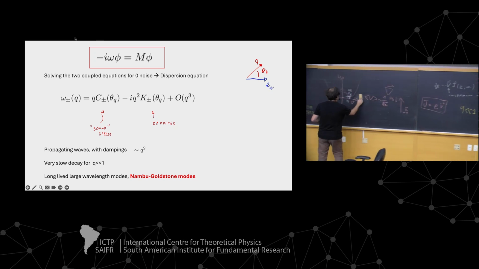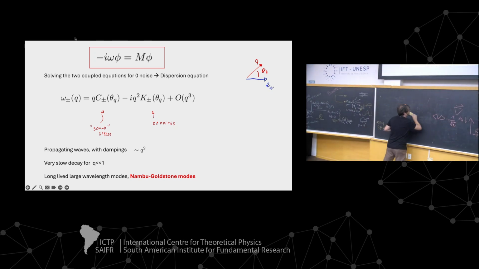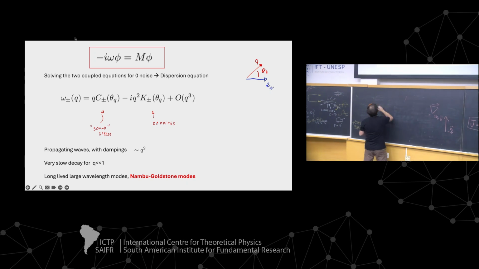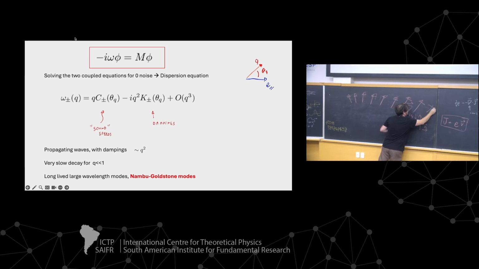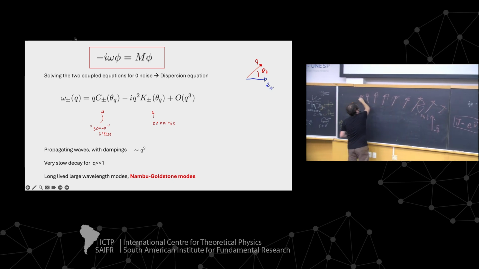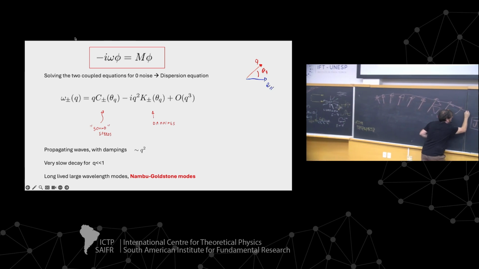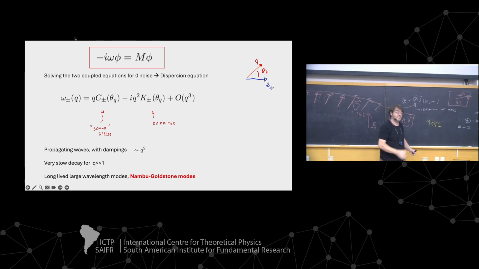These are what in equilibrium physics are known as spin waves. Perturbations like this, which propagate over very large distances, like very long wavelength waves, okay? They are not damped.